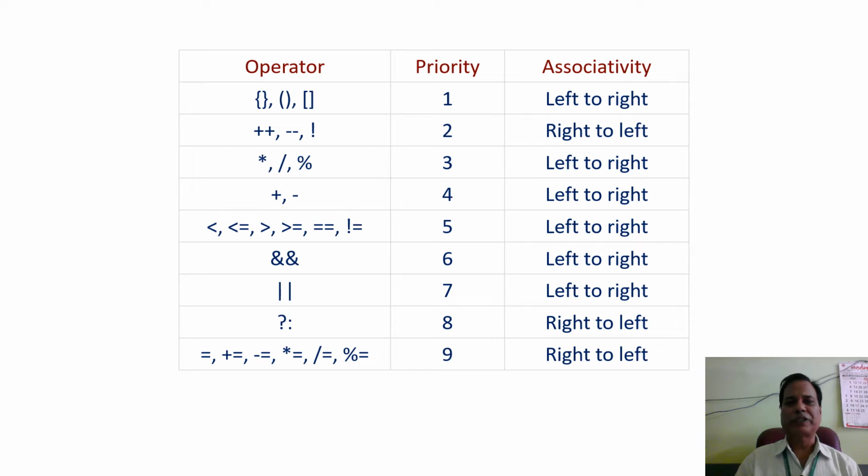These three brackets, curly brackets, small brackets, square brackets, have the higher precedence, but they are at the same level of precedence. So when these brackets appear, we have to evaluate them from left to right.